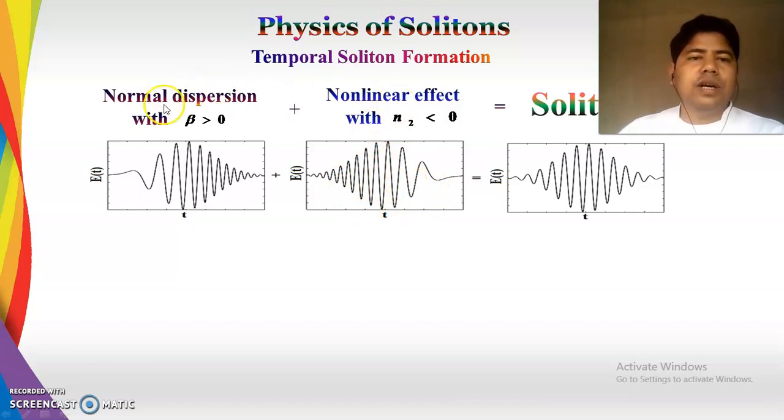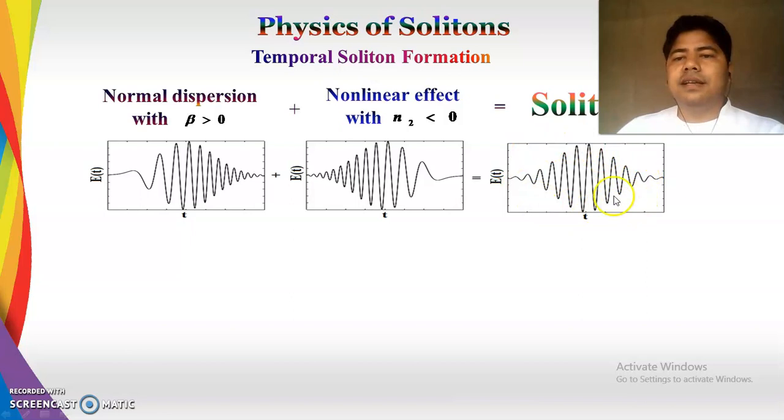When both are present, the normal dispersion as well as the negative nonlinear refractive index, what will happen? They cancel each other's effect and there will be a formation of soliton.